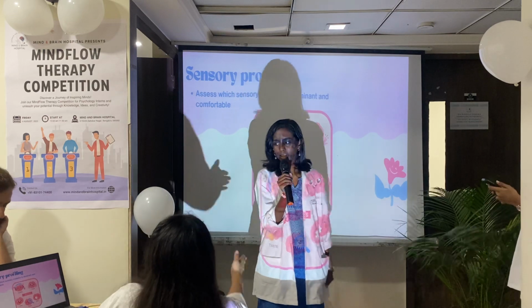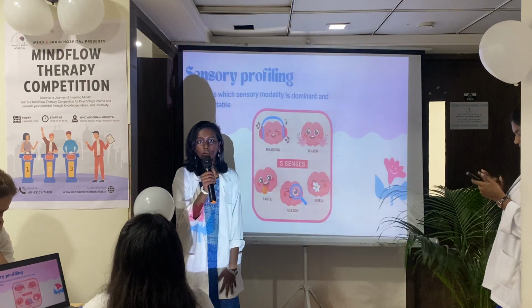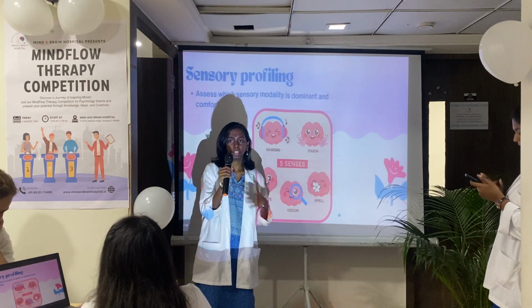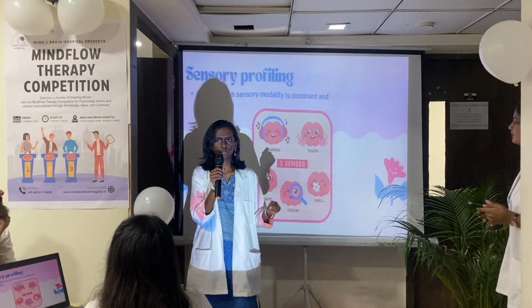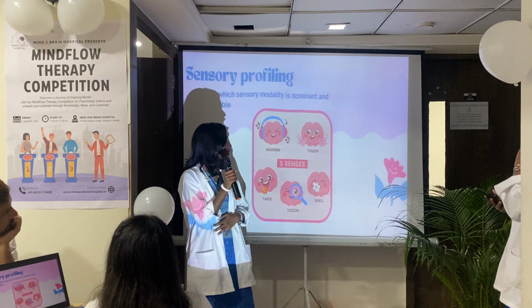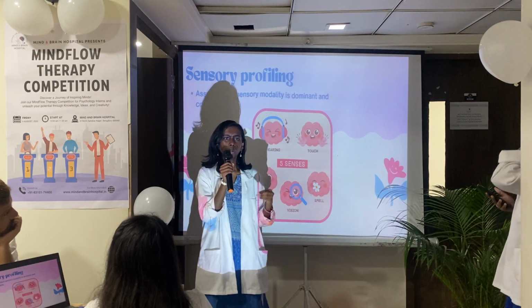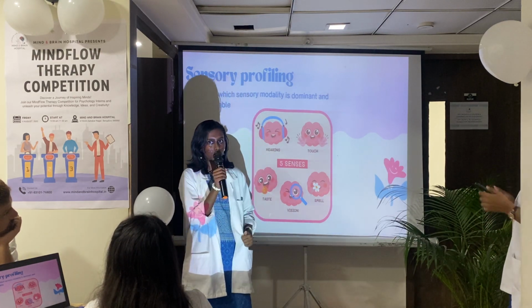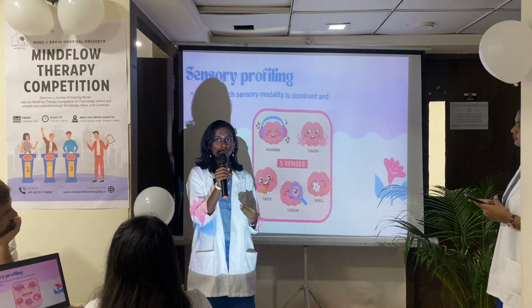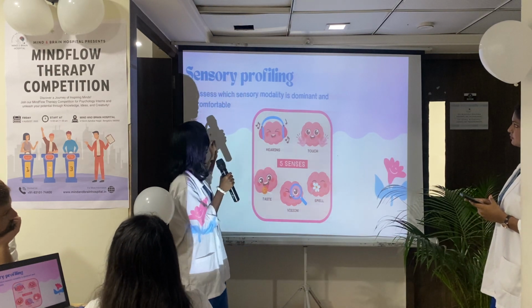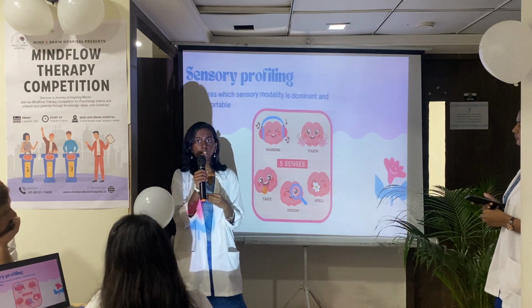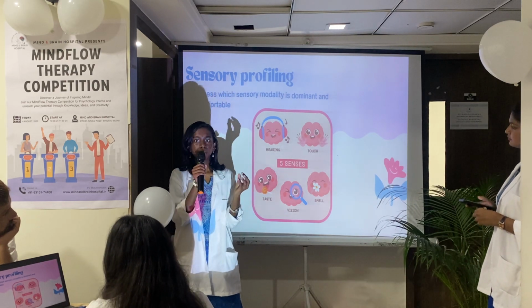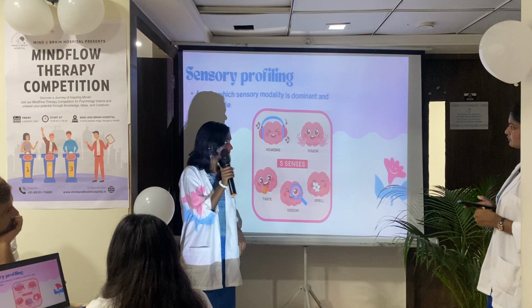Hi, I'm Porkode, and we're all different types of learners, right? I'm a very visual learner, my friends are auditory, some are kinesthetic, they just have to write to memorize. Similarly, for relaxation as well, we might prefer specific senses over others. How do we figure out which sense is very relaxing? We can do it using sensory profiling. This is an assessment in which we can understand what type of sense is the most relaxing and calming for people.